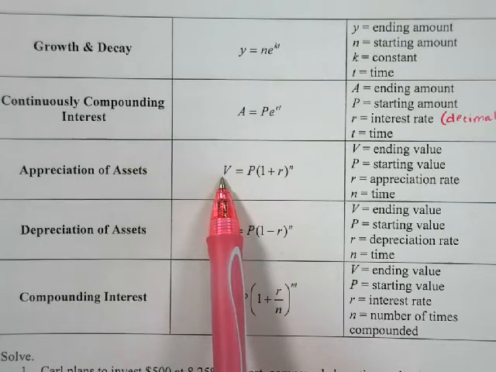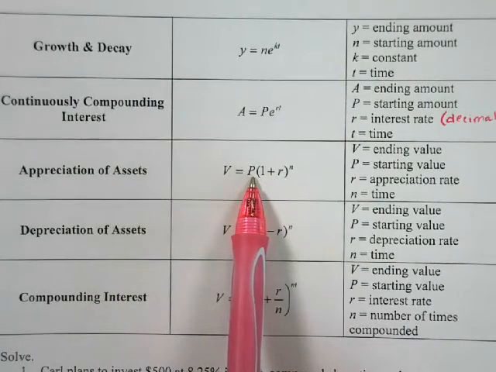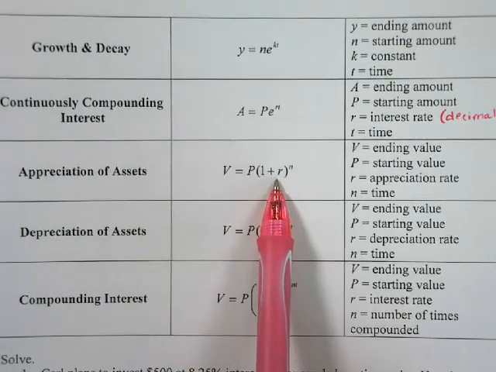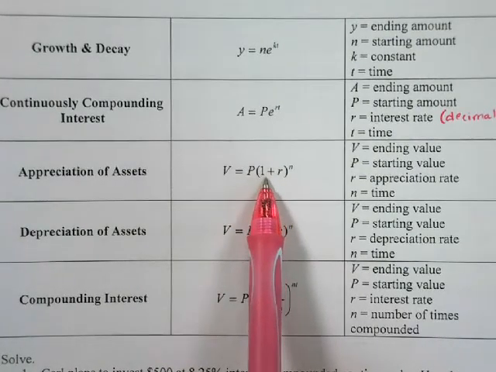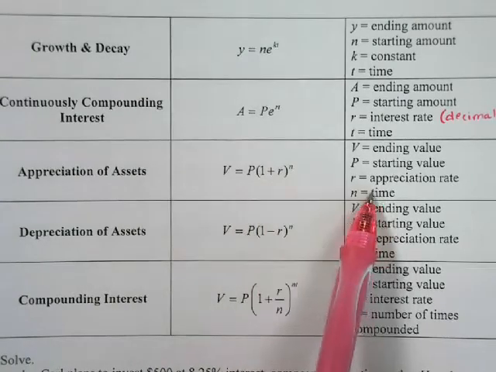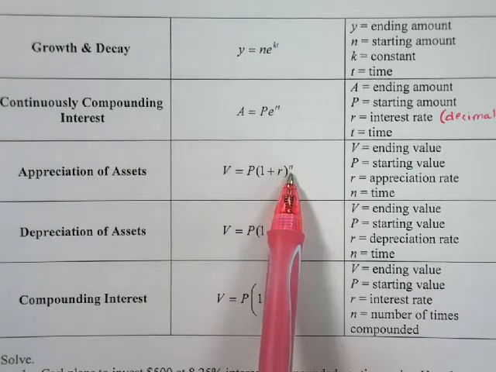It's the ending value. P is my starting value. I bought a house for $50,000 40 years ago, whatever. 1 plus R, I'm increasing in value, so I have a plus sign. R is your appreciation rate. Again, that's as a decimal, not as a percent. N, I don't know why they don't do it as a T, but now N stands for time. Okay, if you want to change it to a T, that's perfectly fine.